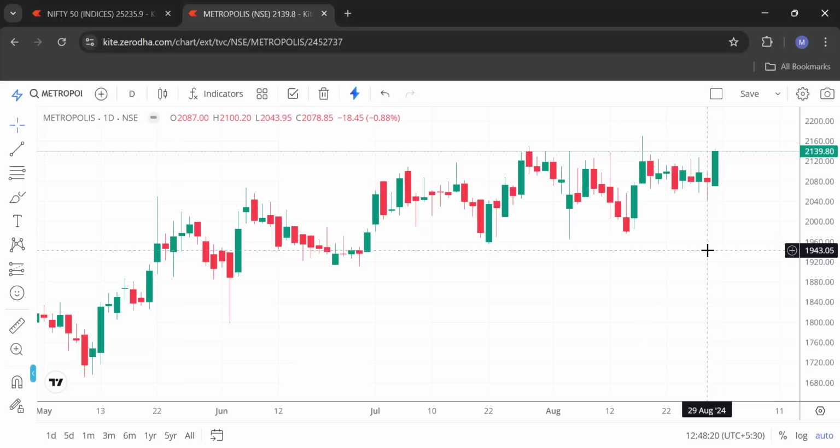The close is 2078.85. The square root of 2078.85 is 45.59. Now I shall get 66.66% of the same, that is 30.39, plus the previous day's close 2078.85. So it is 2109.24.